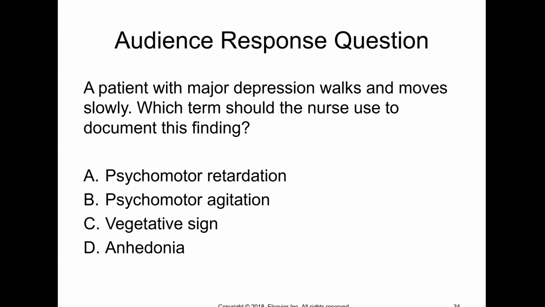Psychomotor agitation may present as grimacing, pacing, maybe they're flexing their hands. Their movements are a little quicker and a little more agitated. Vegetative sign, again, is like those comatose signs where they're laying on the couch wrapped in a blanket, not blinking, not talking. That would be more vegetative sign. And then, of course, anhedonia is a loss in interest or desire to do things that they previously enjoyed doing.